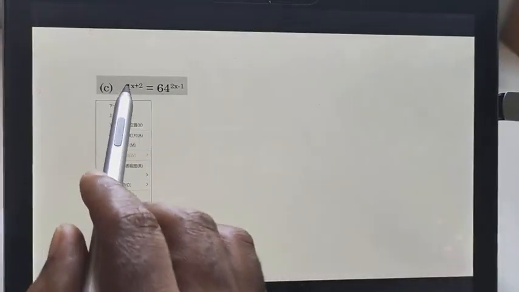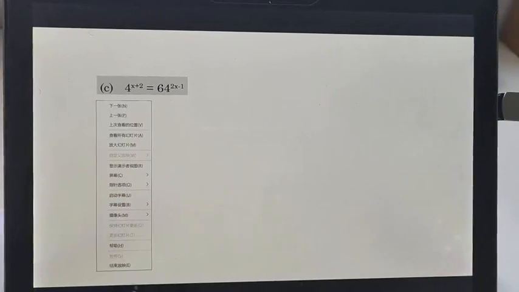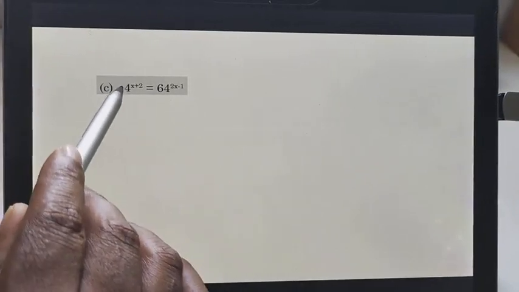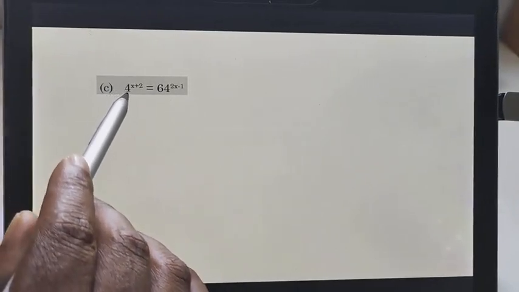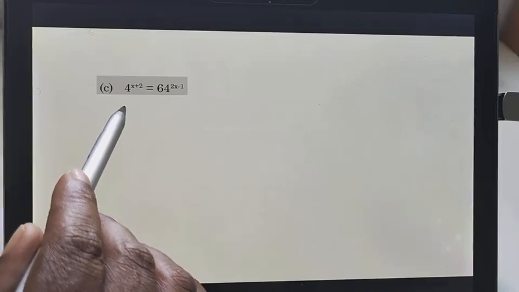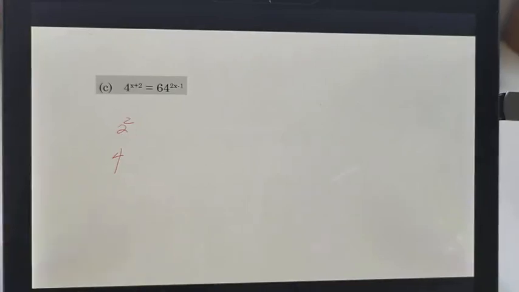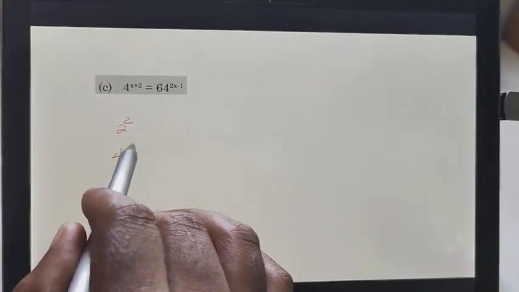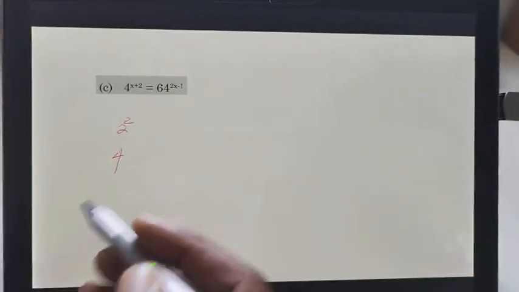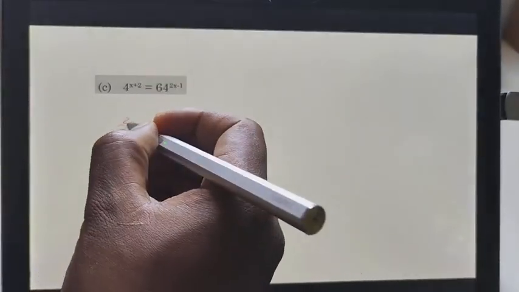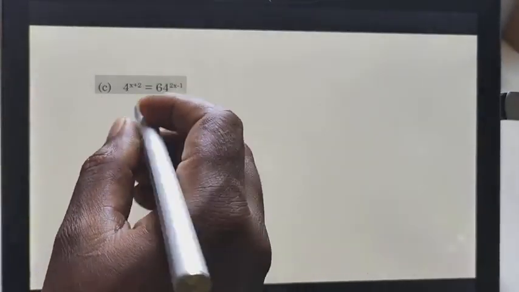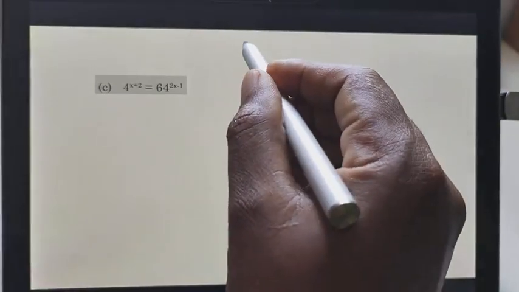If it is not, then we have to make the left hand side have the smallest base, which can be 2 to the power 2. Base 2 and to the power 2 is the same as 4. But in this case we'll try to see if 64 can be expressed to base 4.